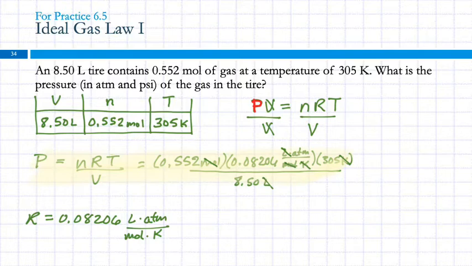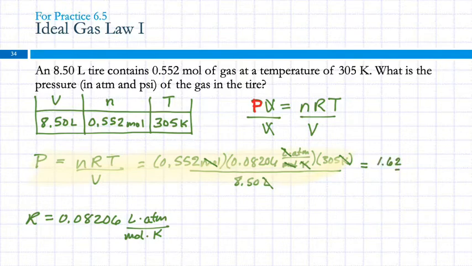0.552 times 0.08206 times 305 divided by 8.5. How many significant figures should this answer have? 3.